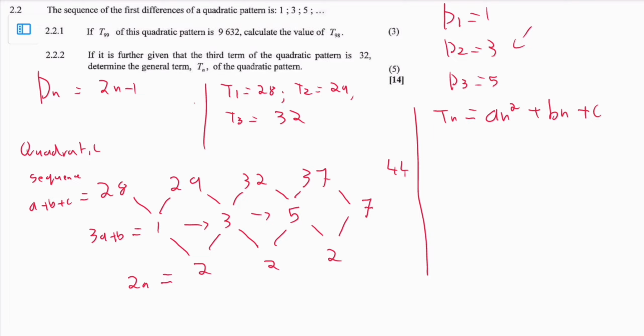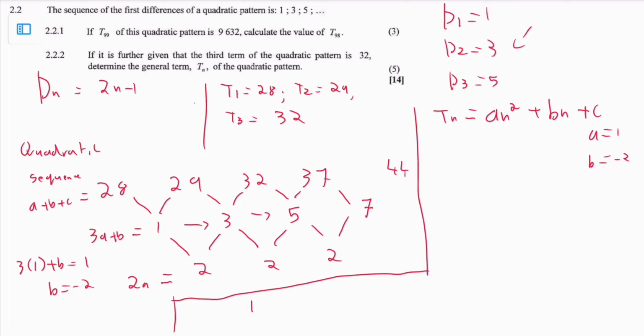And so it's pretty straightforward. So let's solve for a. 2a equals 2, so a is equal to 1. If I say 3 times 1 plus b equals 1, b is equal to -2. And then a plus b plus c equals 28.